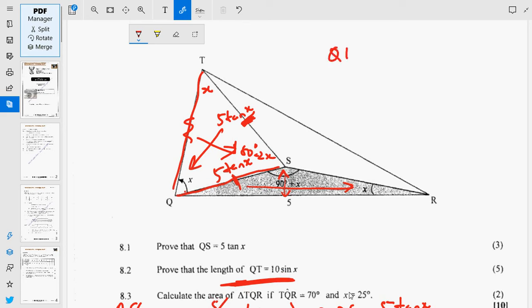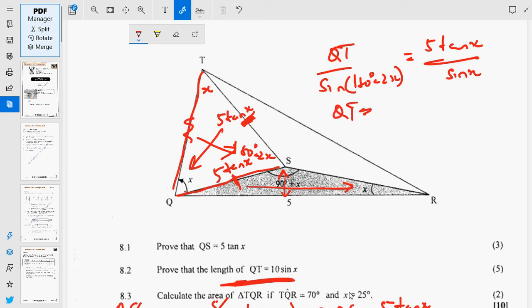I'm going to have QT over the sine of 180 minus 2x is equal to 5 tan x over sine x. Now it's a matter of doing the algebra because QT is 5 tan x. Now this will reduce to a sine double angle. So I'm going to have sine 2x over sine x.